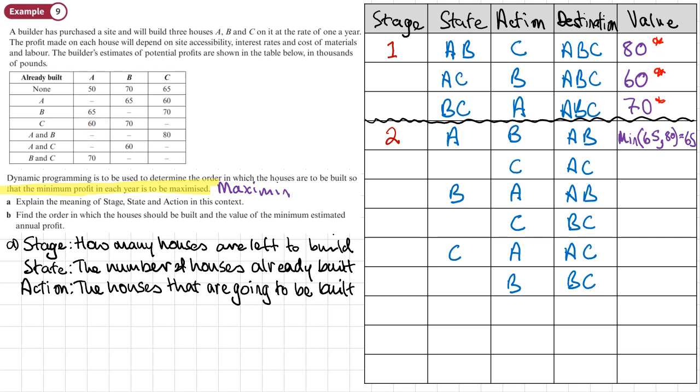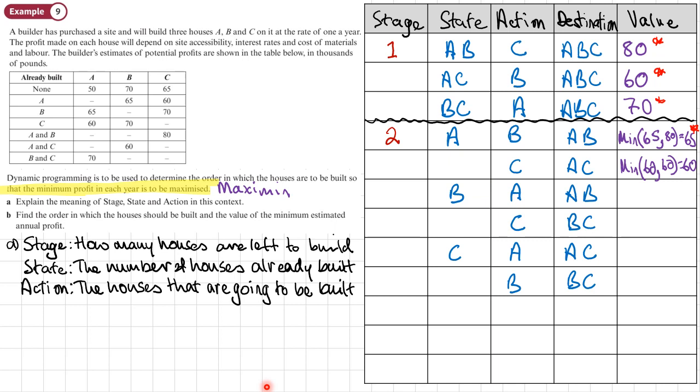So I want the minimum of 60, and carrying on AC up here, 60. Well, that's just going to be 60, they're both the same. 60. I now pick the maximum from these two options from this state, and that's going to be 65,000, so we'll star that. Then we'll move on to the next state, state B.